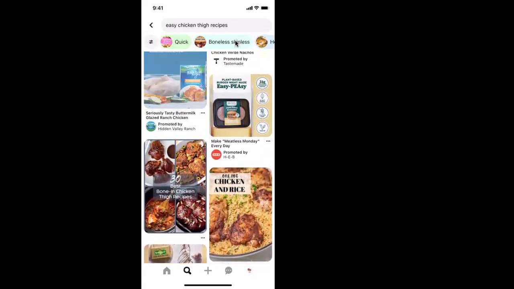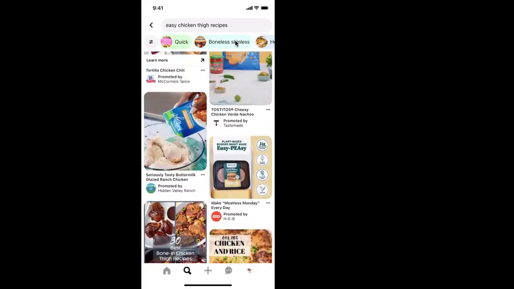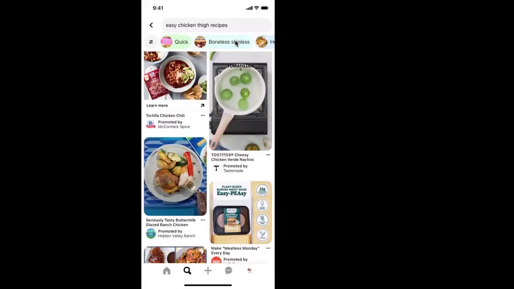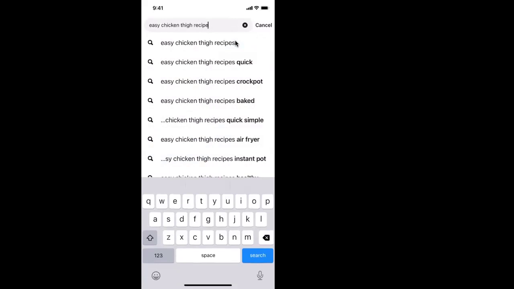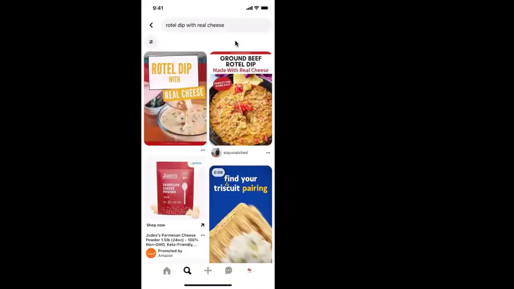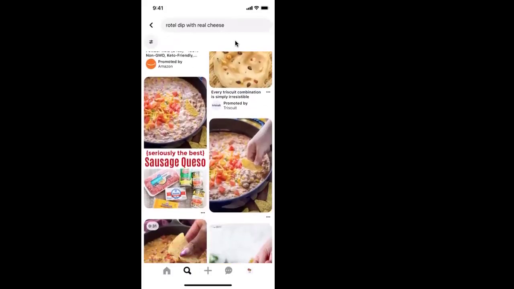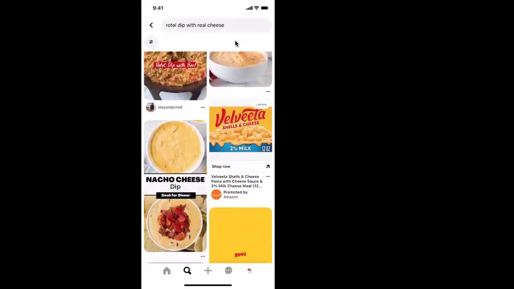People are visual first, and then they read second. I did an audit yesterday and it was about Rotel dip. This is a great example. Watch. If you look at these, every single one of them, the chip is in the dip, right?